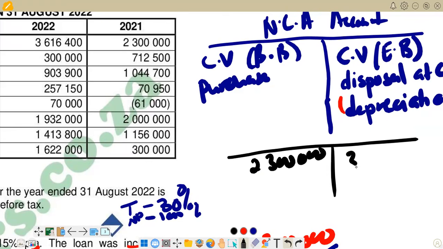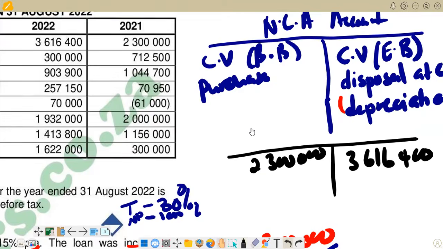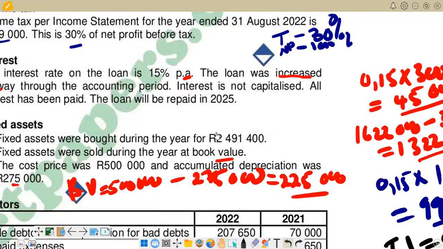So it comes here, 3,616,400. And then the disposal at carrying value, remember we calculated it. Let's recheck it. We said 500,000, the cost price of the disposed asset, and then the accumulated depreciation 275,000. 500,000 minus 275,000, then we got 225,000.